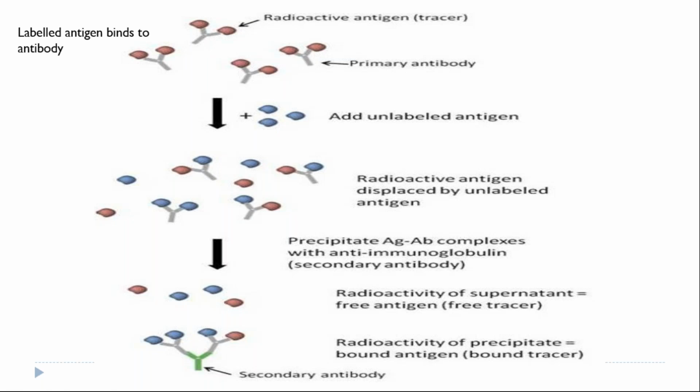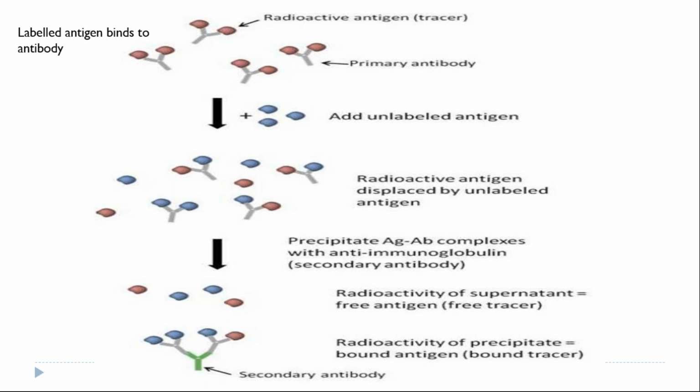Then you precipitate the antigen-antibody reaction, and you measure the radioactivity in the supernatant and the radioactivity in the pellet. The radioactivity in the supernatant is the unbound or free antigen, and the radioactivity in the pellet is the bound antigen.